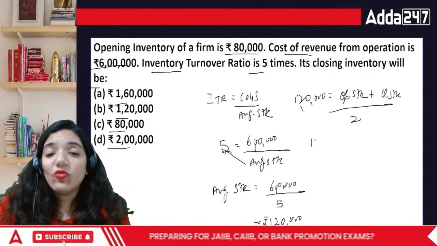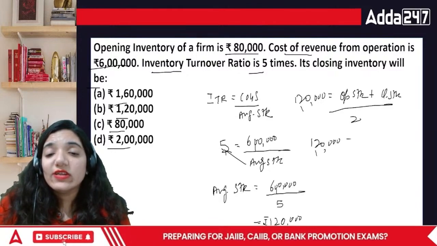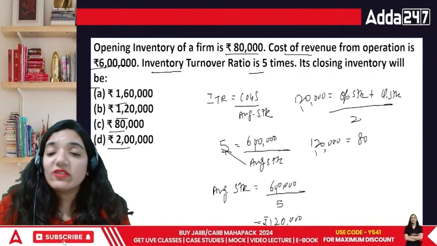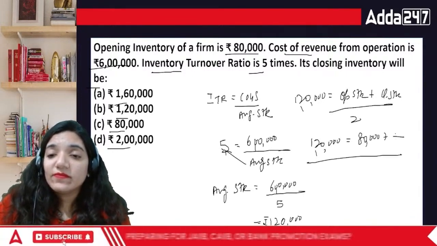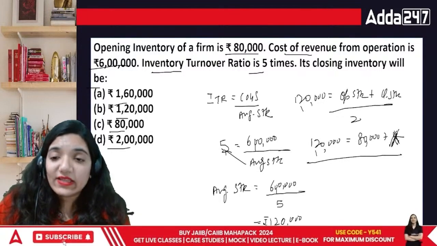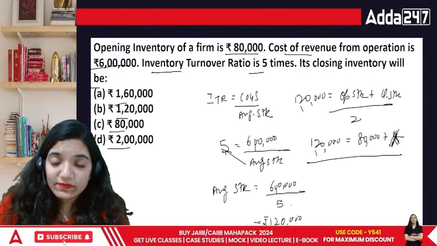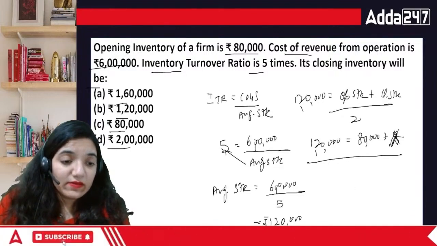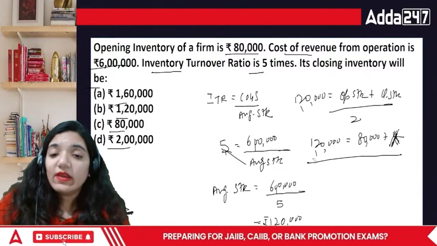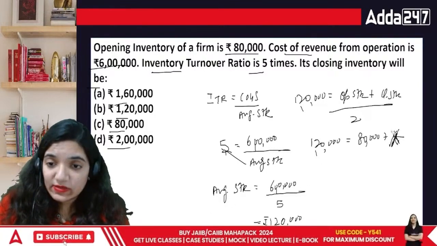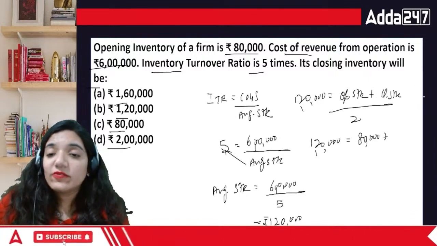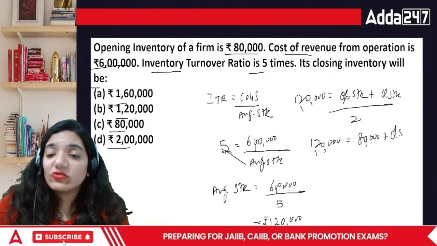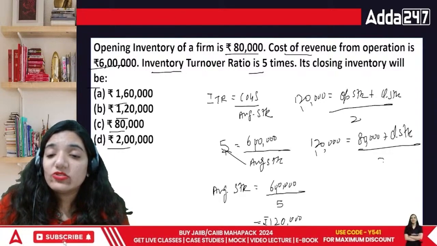So in this case, our opening stock value is 80,000, everyone, plus the closing stock, which we don't know about, so I'm putting it as the number x. And when we talk about the value of this question, it is 80,000 plus closing stock divided by 2.